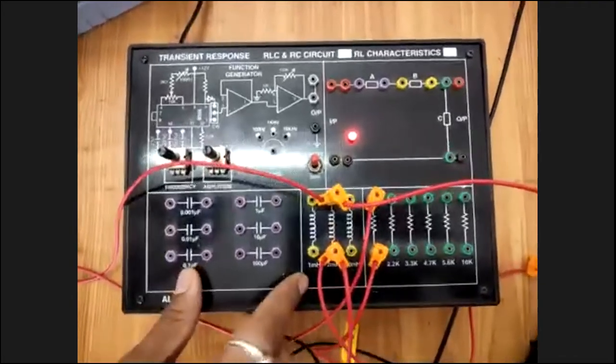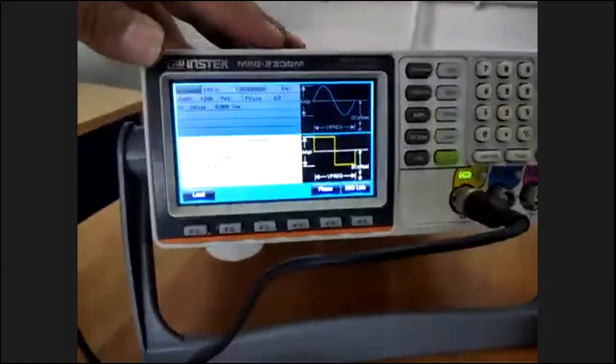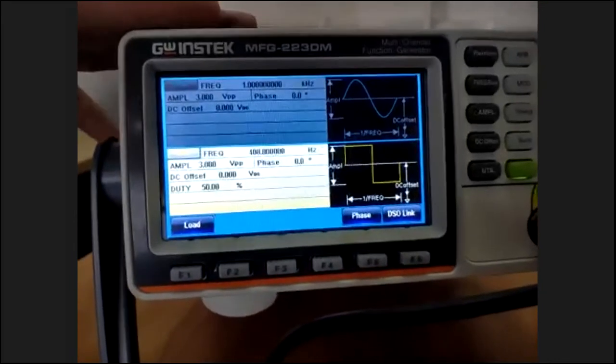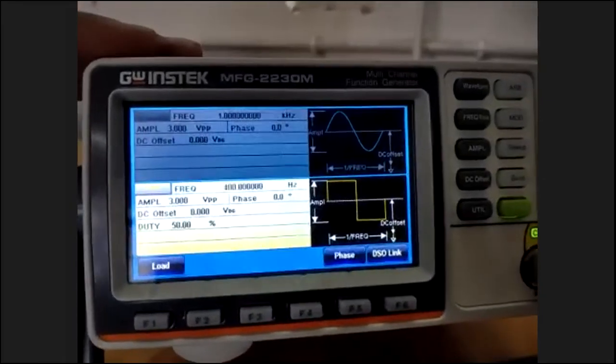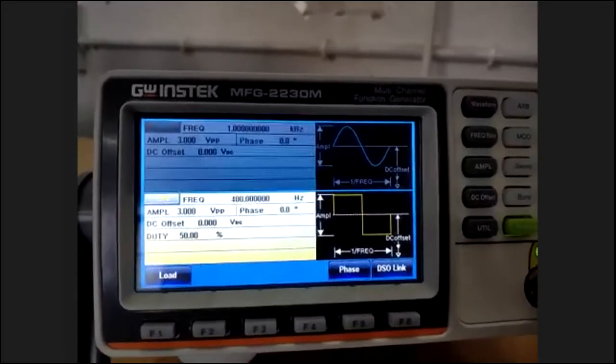In the input of the circuit, you can clearly see this is the function generator, which we will use as the input of the circuit. What is the purpose of the function generator? It basically generates the input signal.